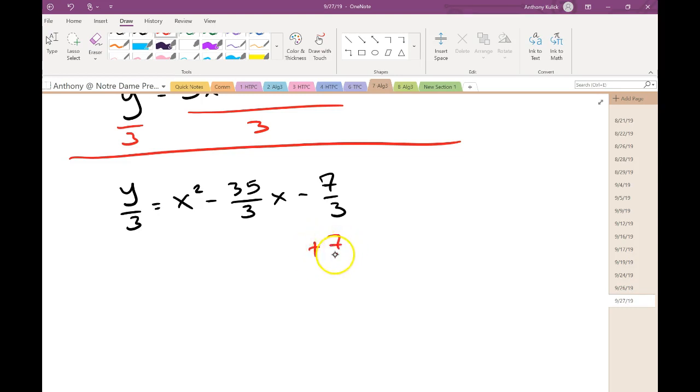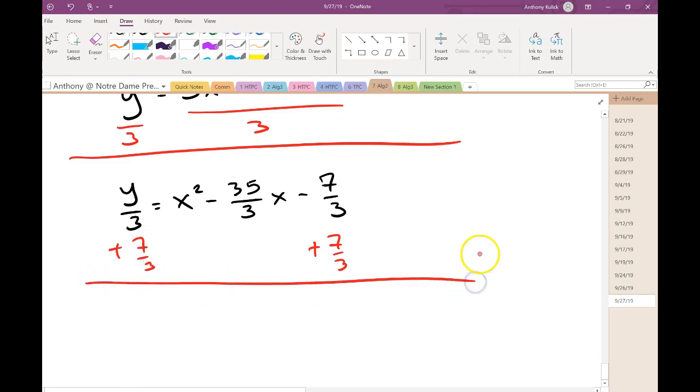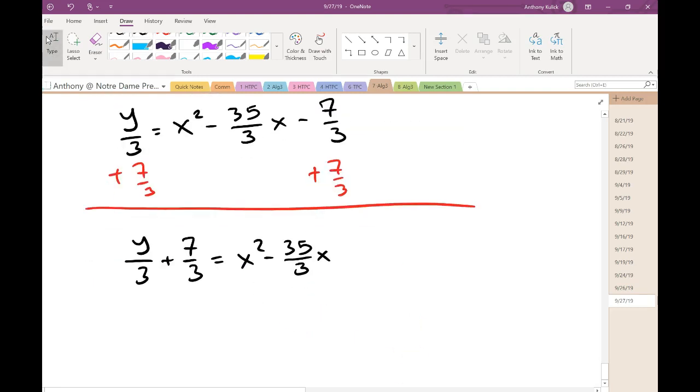Good. I'll add 7 over 3 to both sides. Good. Now what?